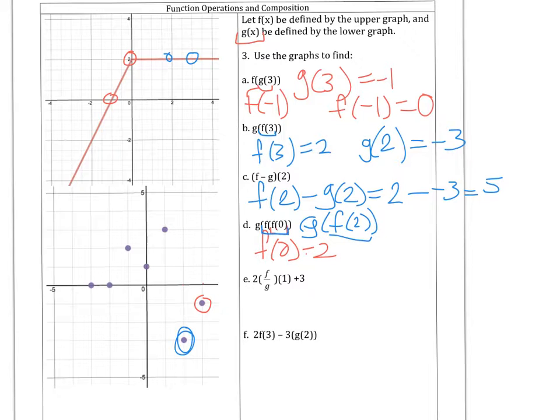So f of 2 we already found out was 2. Nice. And now g of f of 2 is the same as g of 2, and that's equal to negative 3.